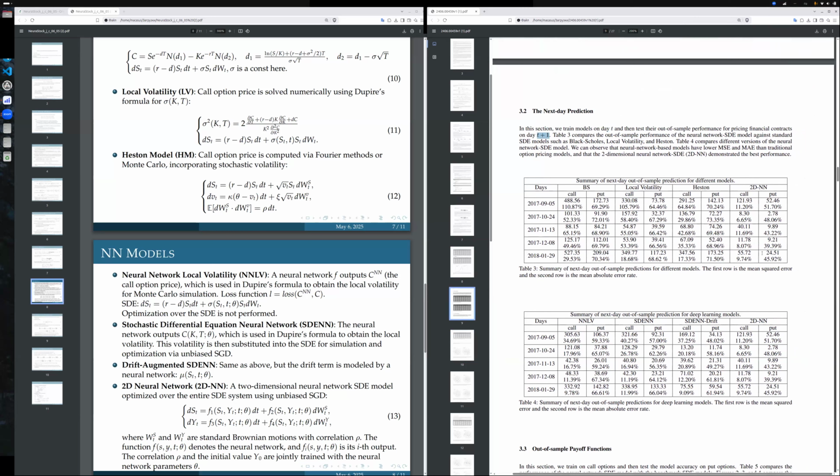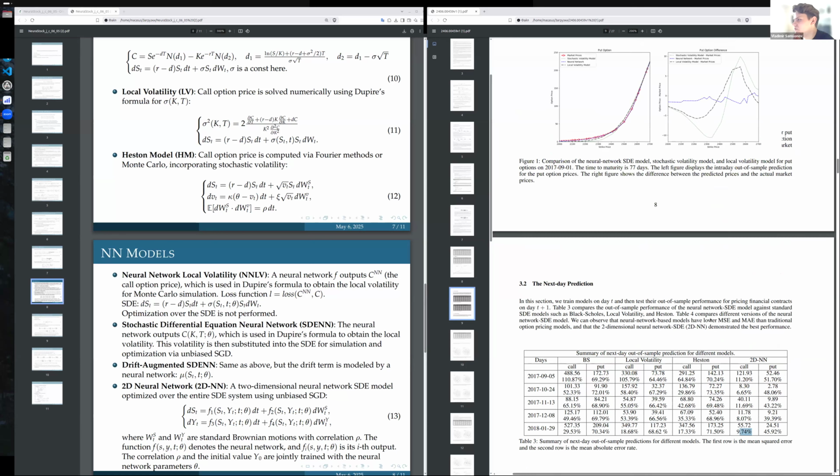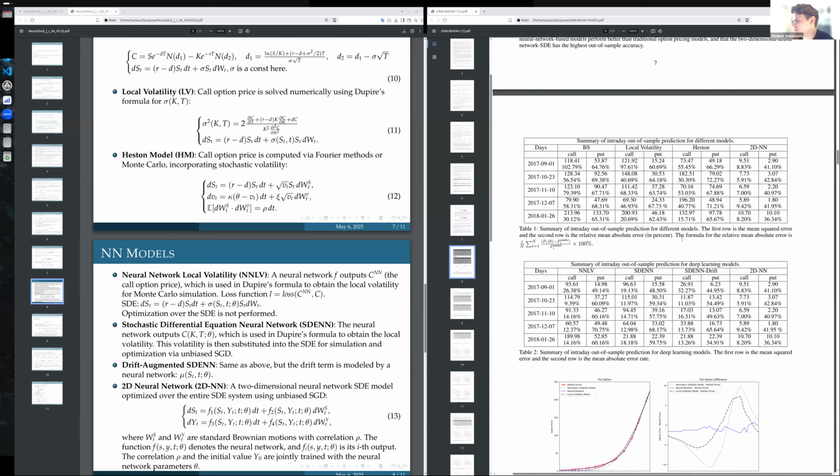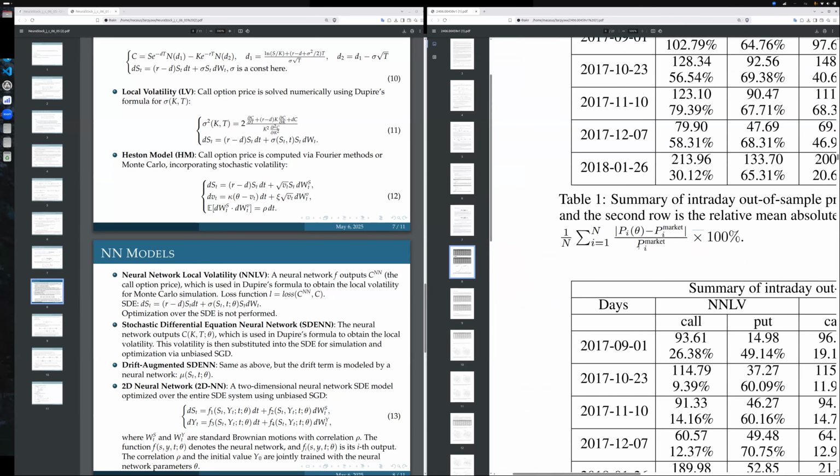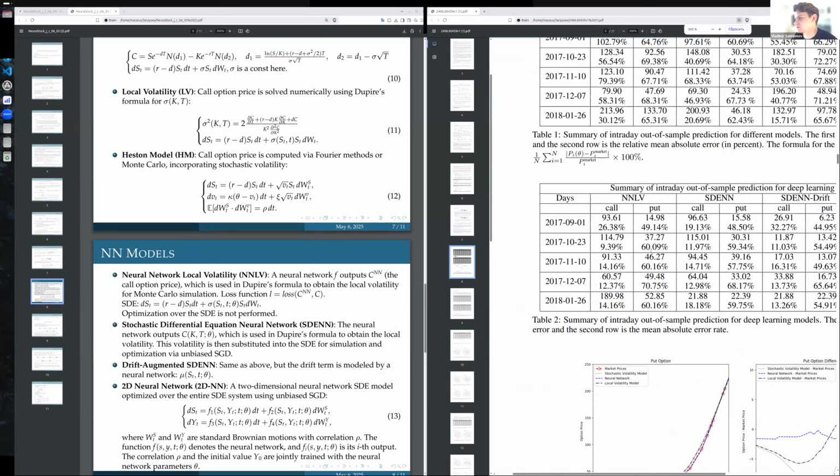And again, the two-dimensional neural network model is much better than classical models. So what do the percentages describe? The percentage here is relative mean absolute error. So the smaller percentage, the better again. Yeah, the smaller the percentage the better. Okay.